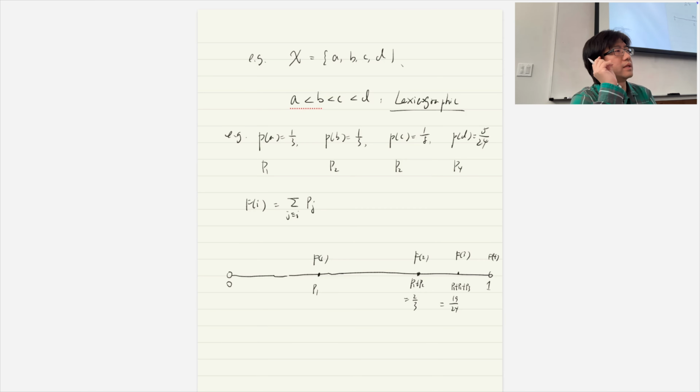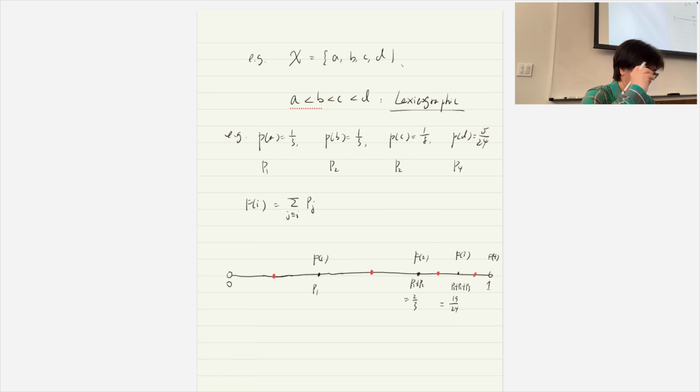Okay, but that is not enough. We need to pick one point to represent each symbol, so those are not the points that we pick. What we pick is the midpoint. Let's use a different color. So this point represents the first symbol, this point the second symbol, this point the third symbol, and this point is the last one.